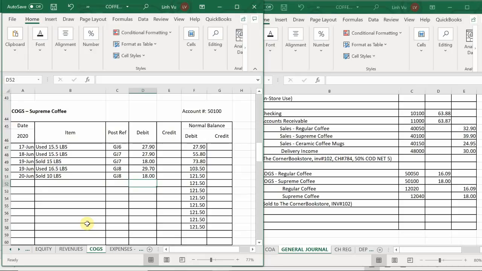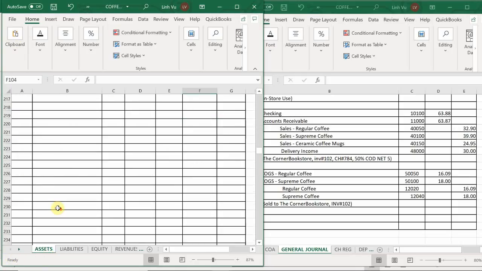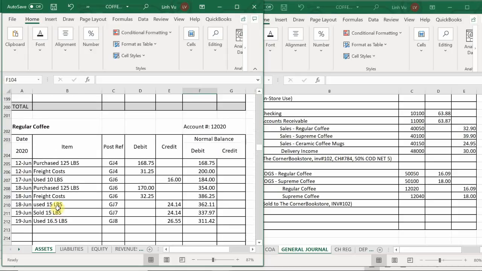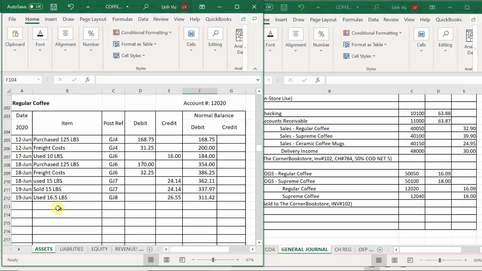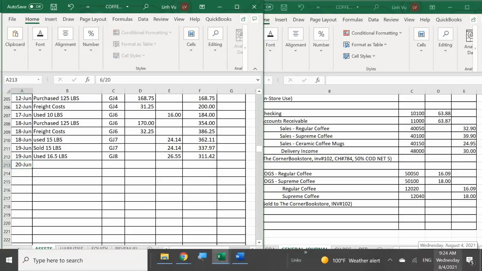Okay. So now we need to take it out from our inventory because we don't have these pounds anymore. So I need to go to my assets, and I need to go to my regular coffee account. So this is regular coffee. June 20, we sold 10 pounds.